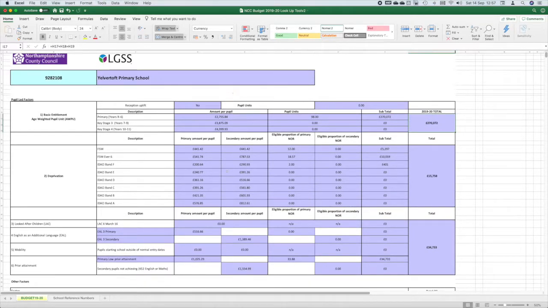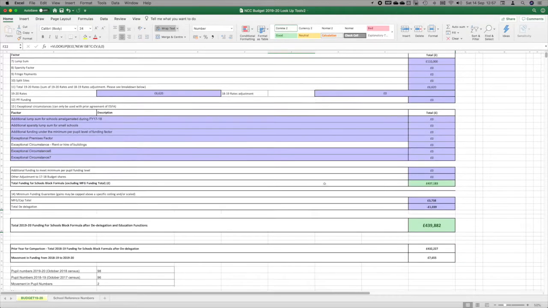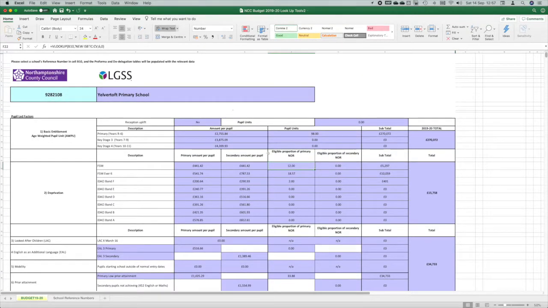And interestingly enough, their IDACI funds here, we only have 2 children in Band F, and we have 0 in all of the other bands. I'm starting to wonder whether this table is correct, but hey ho. But we've got 18.5 children who are Pupil Premium and 12 who are free school meals. So that's quite a low percentage of their school anyway. Okay, so that is where the values are coming from for this.